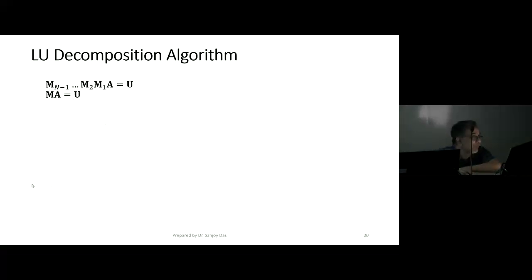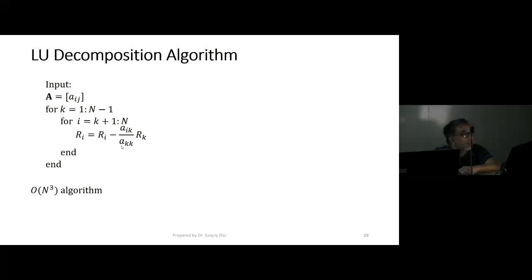Okay. So I said that the product of lower triangular matrices is a lower triangular matrix. So this M_{n-1} all the way to M2, M1, the product of all this is M. M is also a lower triangular matrix. MA equals U, where M is the product of all these Mk's.